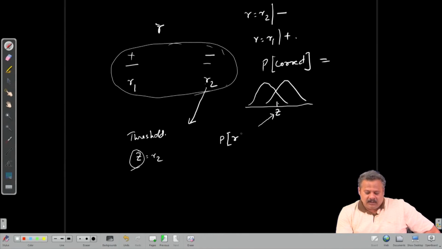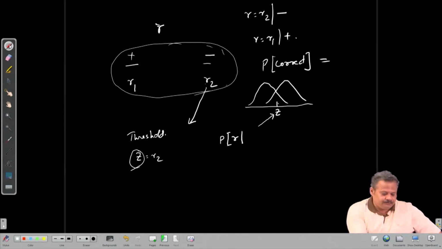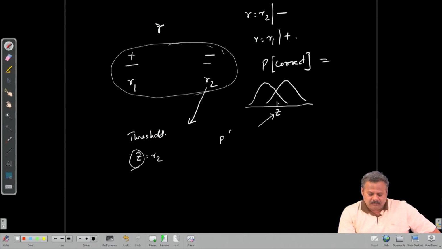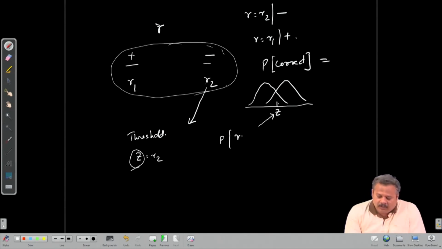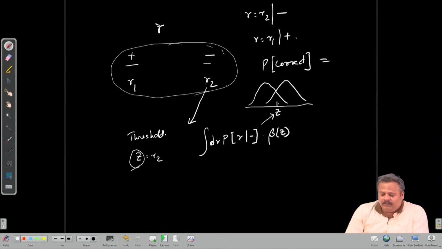That is our probability of rate less than or equal to Z. We will have the probability that the rate is given minus, integrate this over R and multiply this by beta Z. So what do we mean here?